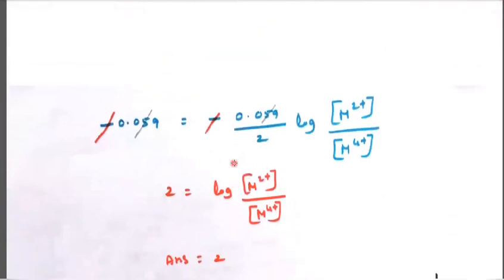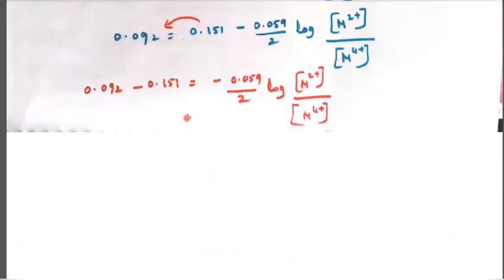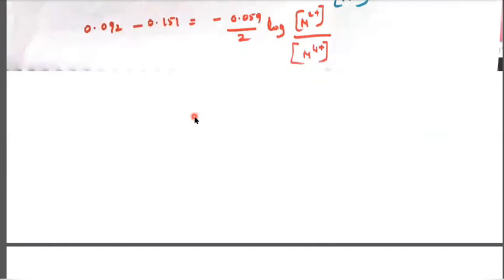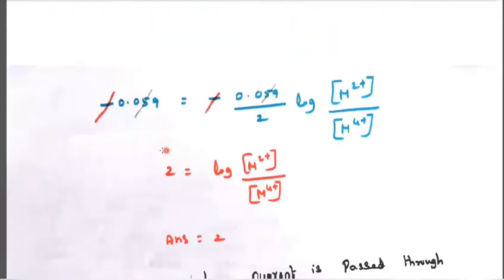So for subtraction, after subtraction of 0.092 minus 0.151, we are getting the answer minus 0.059, equal to minus 0.059 by 2 log M2+ by M4+. This minus and this minus are cancelled, and this 0.059 and this 0.059 are cancelled. So 1 by 2 is there.